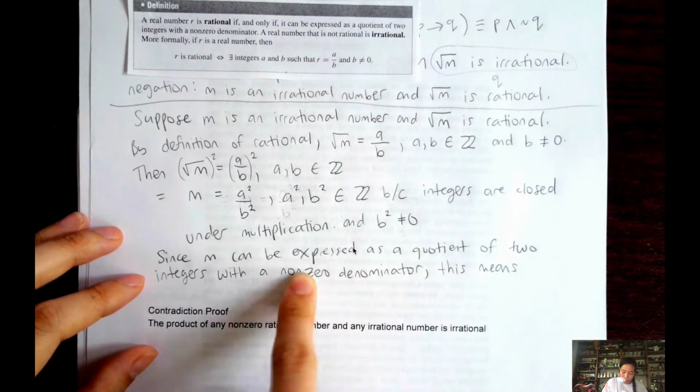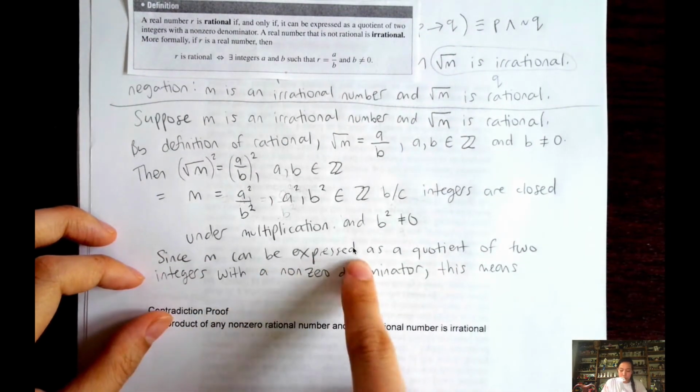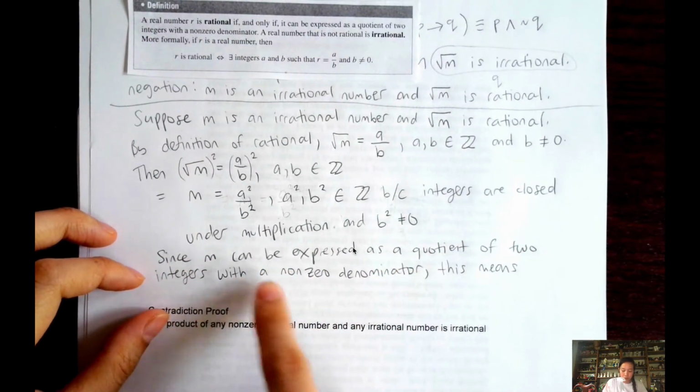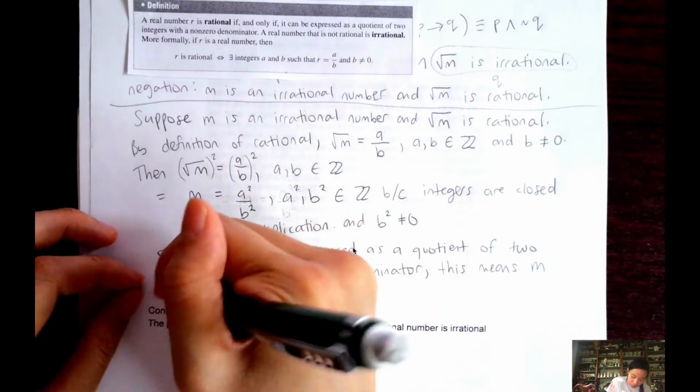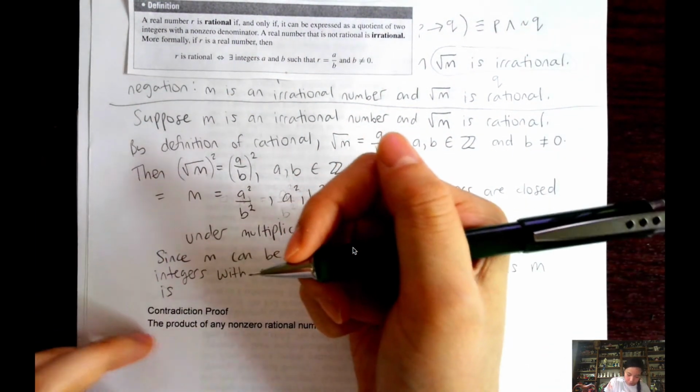To address this part: since m can be expressed as a quotient of two integers with a non-zero denominator, this means m is rational.